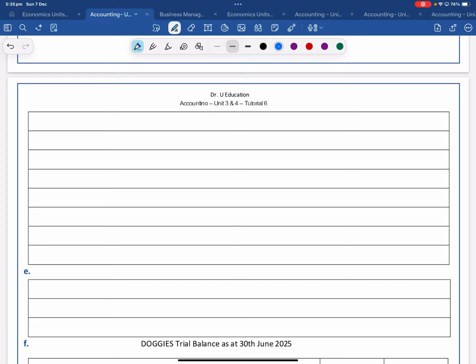Inventory we are done with. Remember, bank is understated by 132 and inventory is overstated by 80. So net profit will be understated by 40, and then owner's equity will be understated by 40.